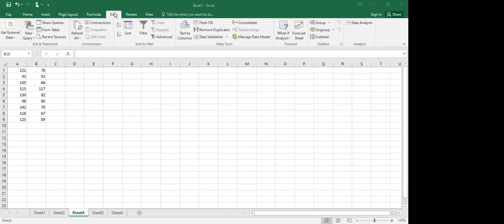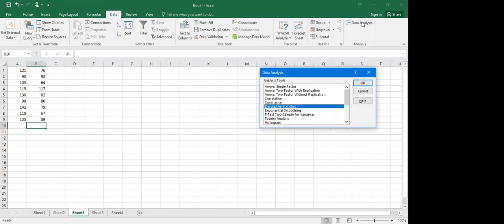Now you click on Data, then Data Analysis. And I will go down and you will see here t-test: Paired Two Sample for Means.